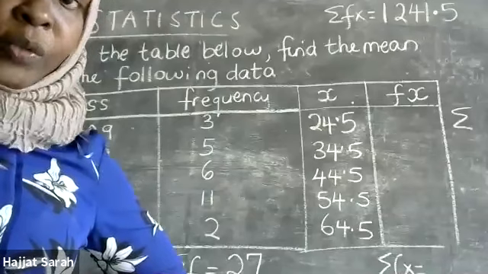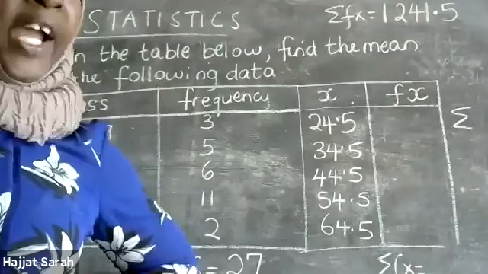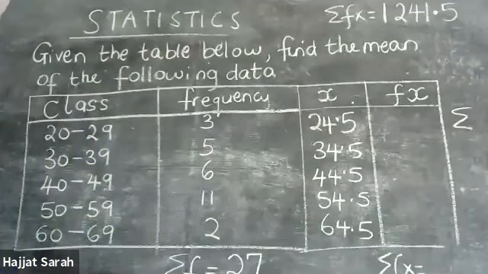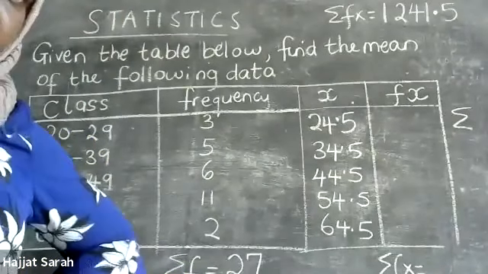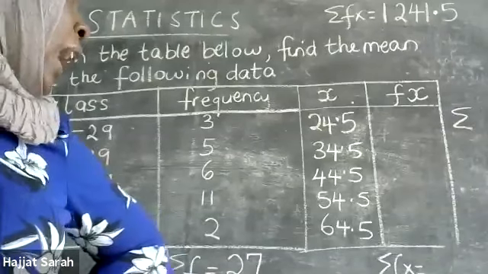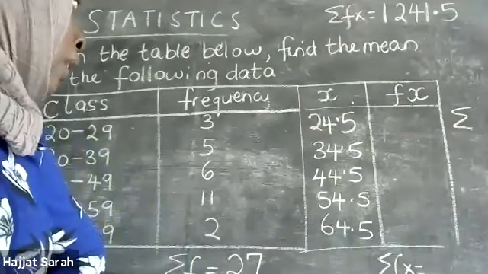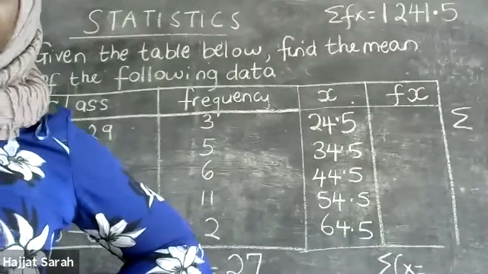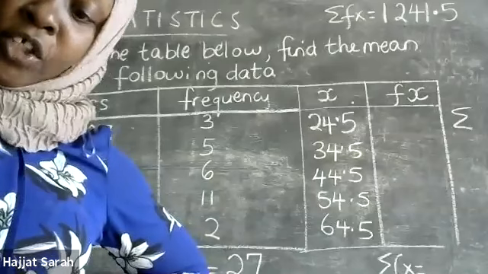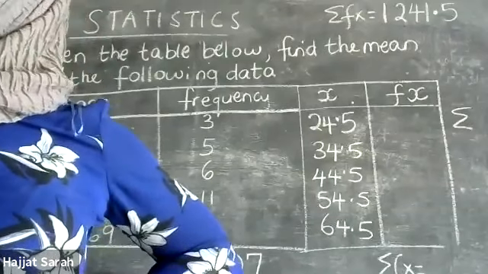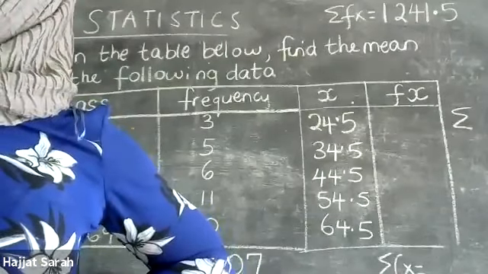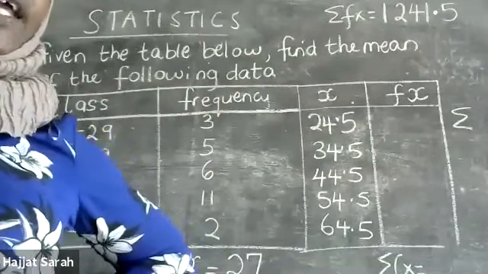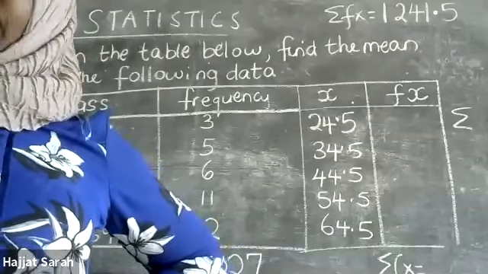Using the above frequency table, find the mean of your data using a working mean of 44.5.